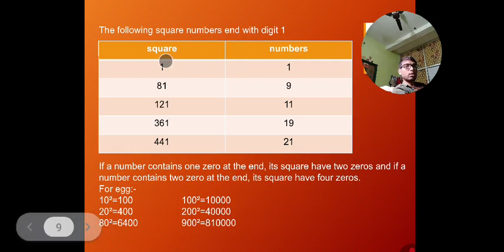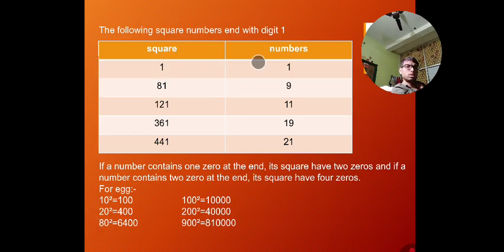Here we have the following square numbers. The following square numbers end with the digit 1: 81, 121, 361, 441.